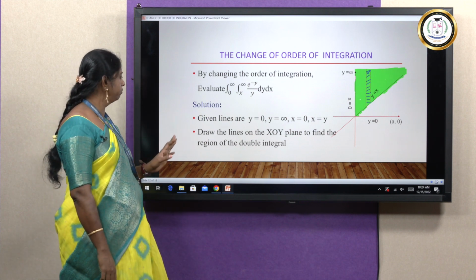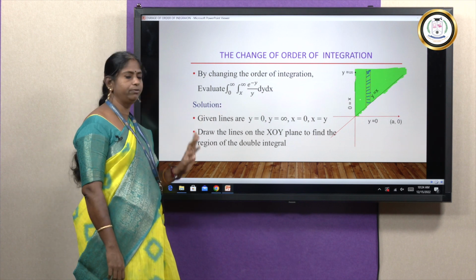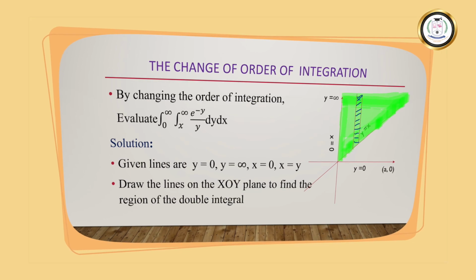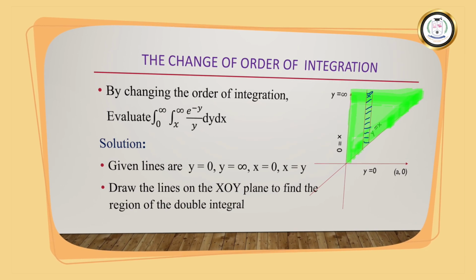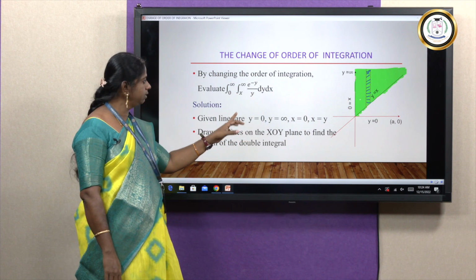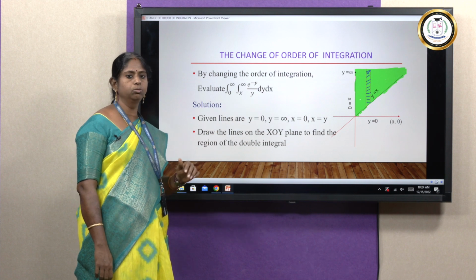So now we want to find the limit of x by changing the order. So we have to identify the region, and you can cross check. This is the limit for y, which means you always have to draw the strip parallel to the y axis.